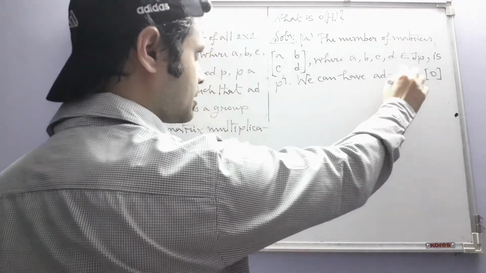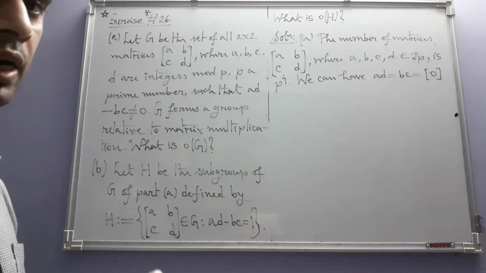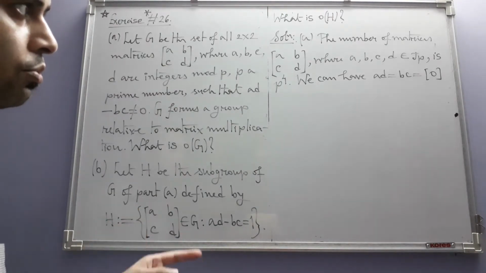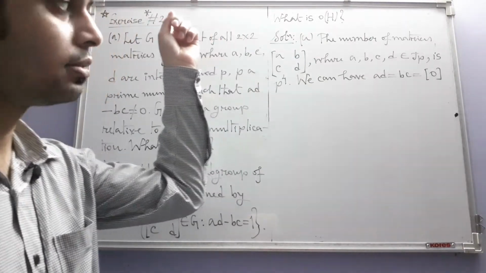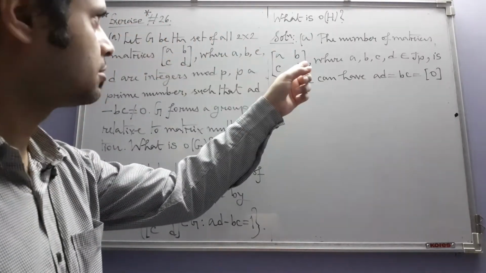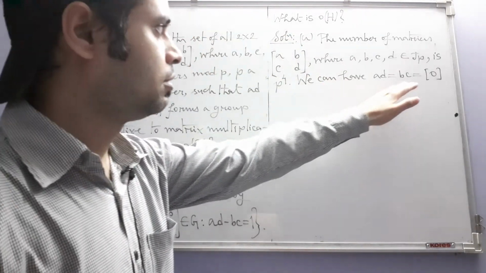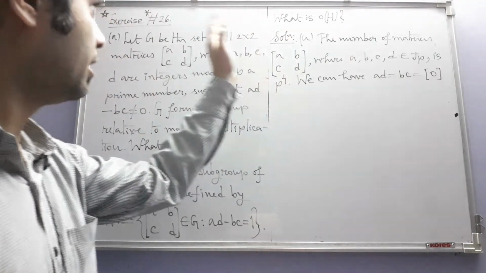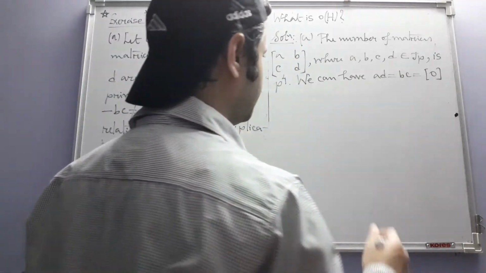This 0 is the set of all integers that are divisible by the prime P. If P is 2, this 0 will be the one that we got in the first exercise, the 24th exercise. And if P is 3, we get the 25th one. However, P is any prime.